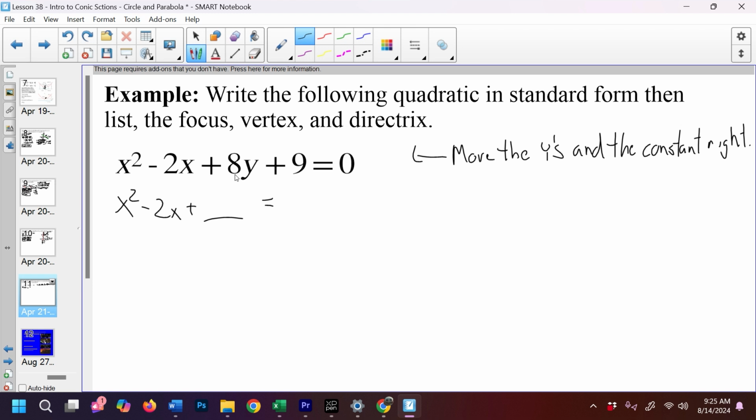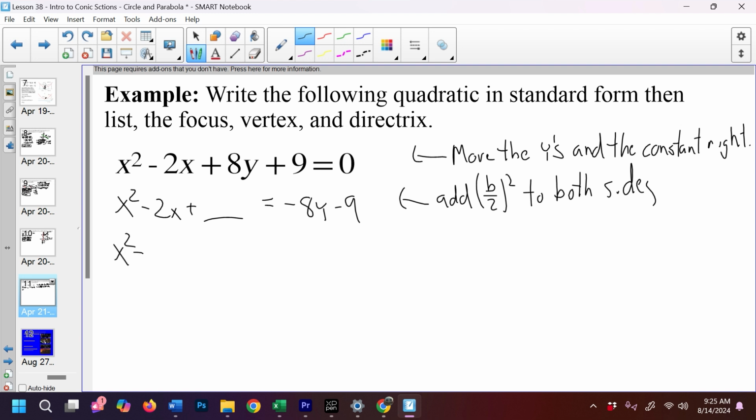If I subtract 8y and subtract 9 from both sides, I'll have negative 8y and minus 9 on that side. Here, I'm going to add b over 2 squared to both sides. That'll give me x squared minus 2x plus half of negative 2 is negative 1.